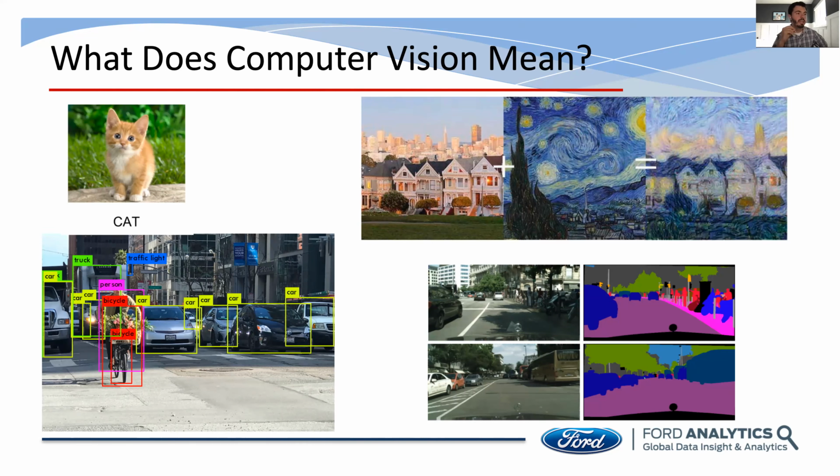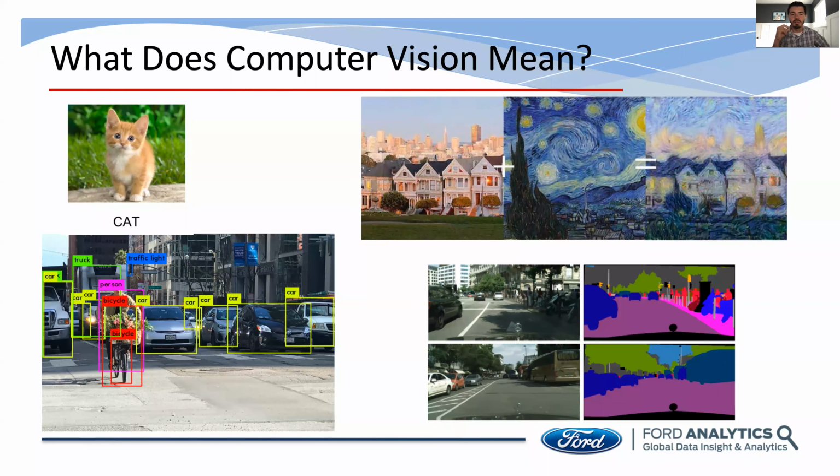In the same vein, the picture below it is slightly more nuanced, but it's an object detection and also localization problem. So you want to not only say that there's a car or several cars in that picture, but provide some information as to where the car is, where the person, where the bike, and so on is. In the lower right, a related task is scene segmentation.